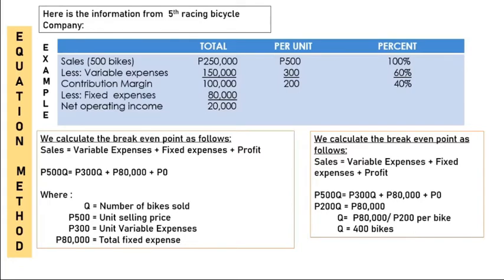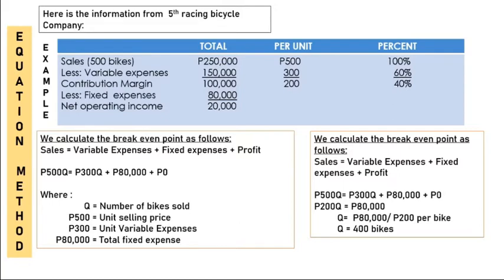Equation method: here is the information from Fifth Racing Bicycle. Example: sales 500 bikes, total 250,000, per unit is 500, percent is 100%.